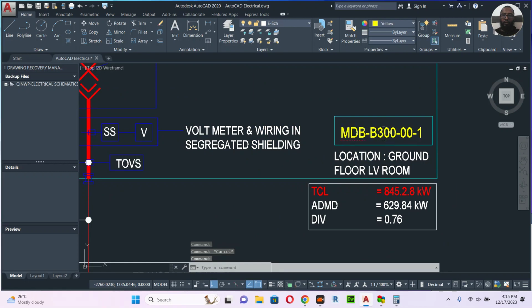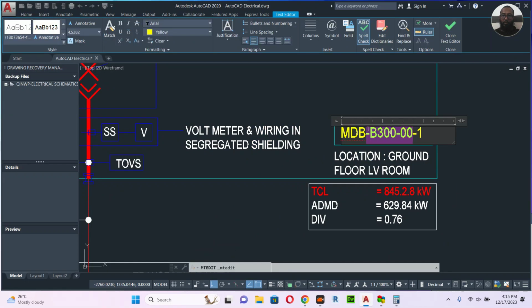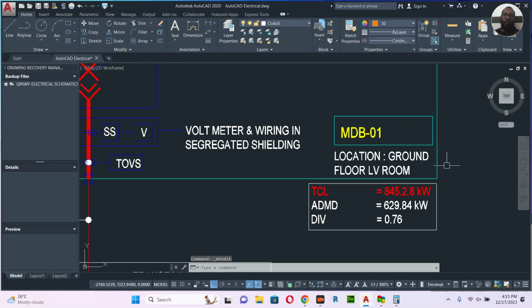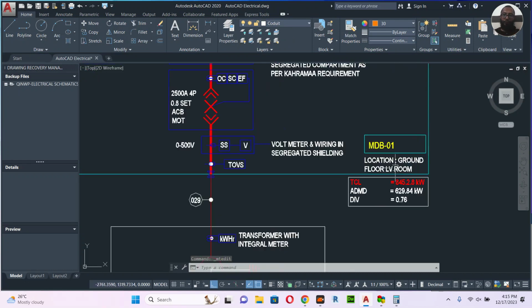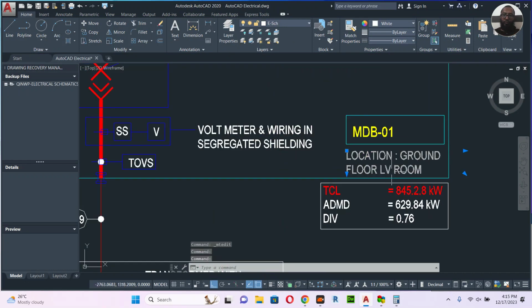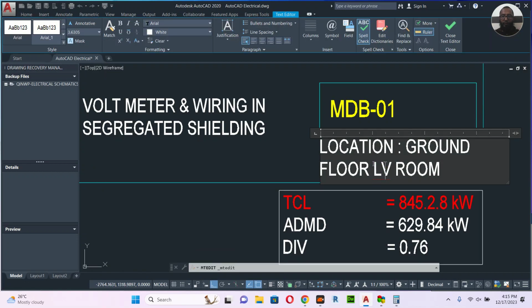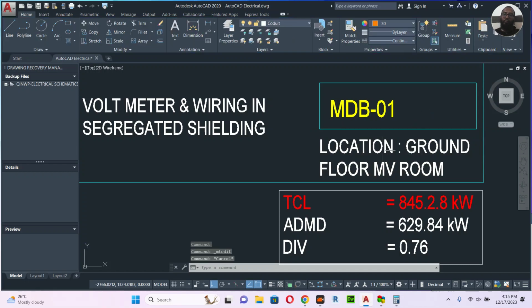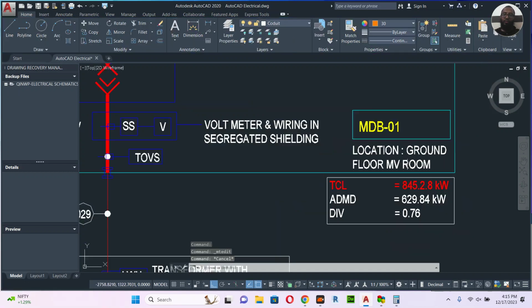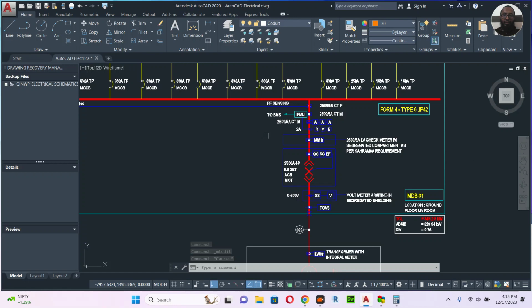So this one, let's name it MDB 01. Location, leave it as it is. This is MV room, we don't put LV room, this is MV room. In the project I work on, MV room is called LV room. So that's not a big deal.